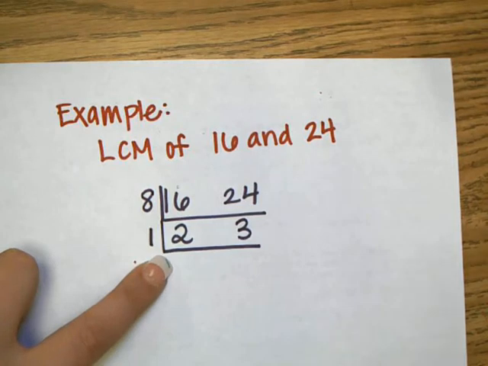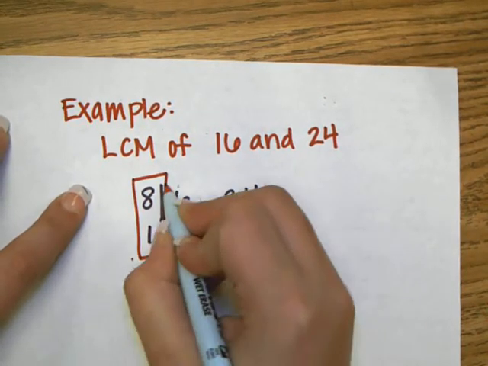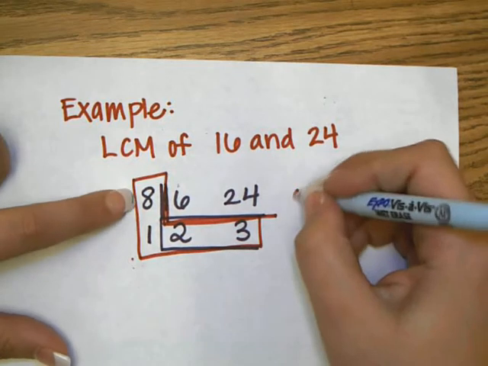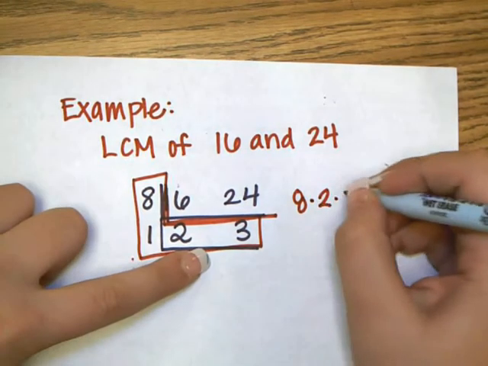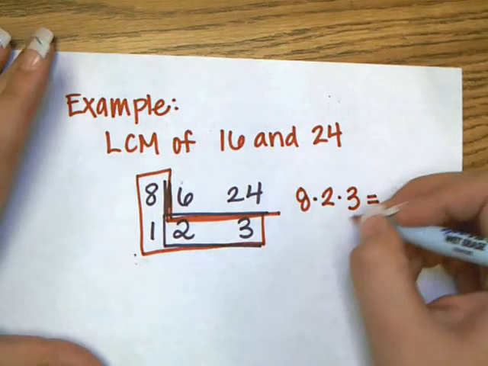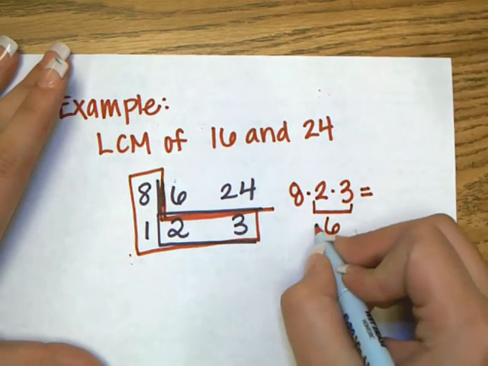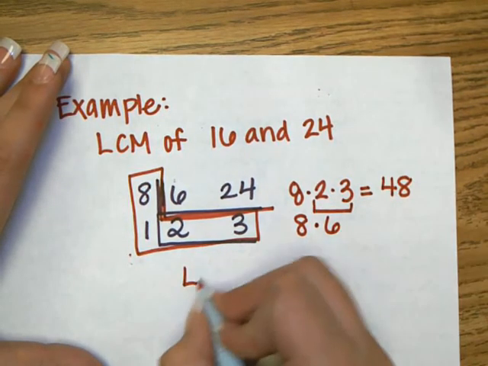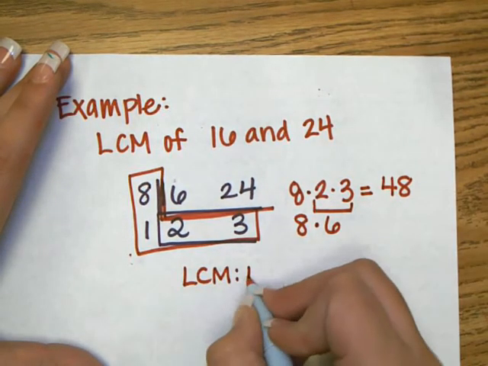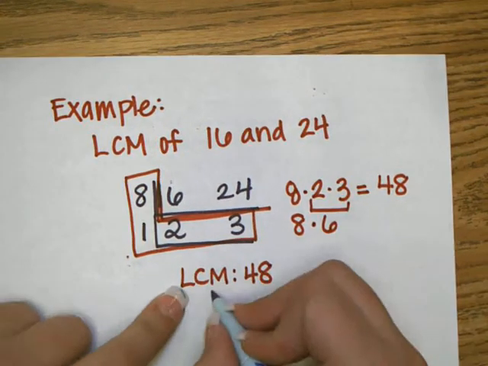Then there is no number other than 1 that can go into 2 and 3, so I'm going to make an L and multiply. I don't need to multiply by 1. I'm going to do 2 times 3 first because that's easier, and 8 times 6 is 48. So the LCM is 48.